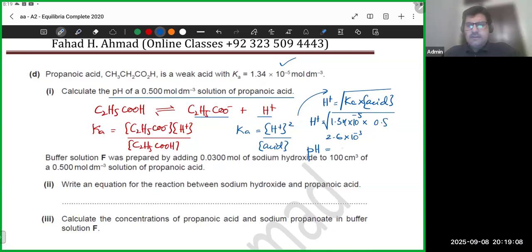Is it 2.6? Yes. Check it, can somebody else confirm?